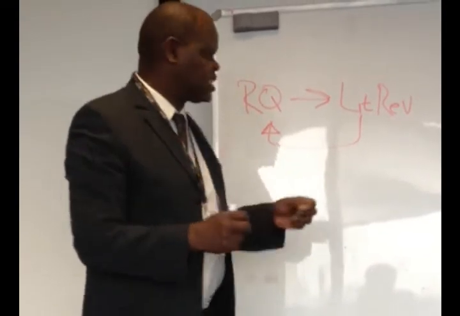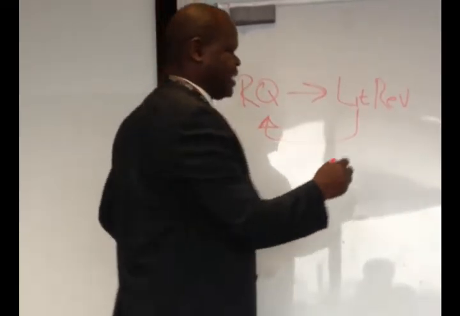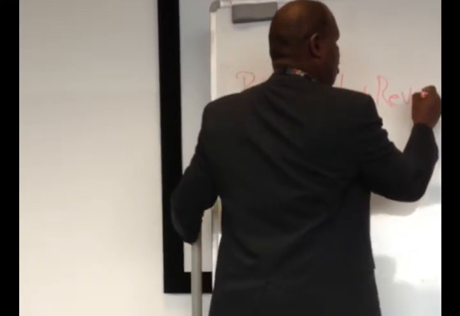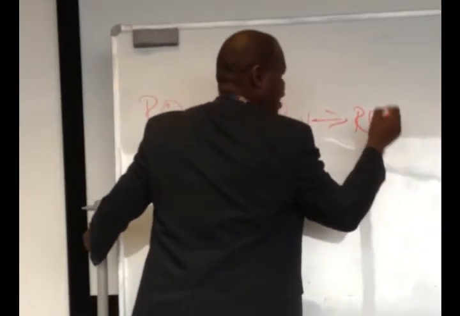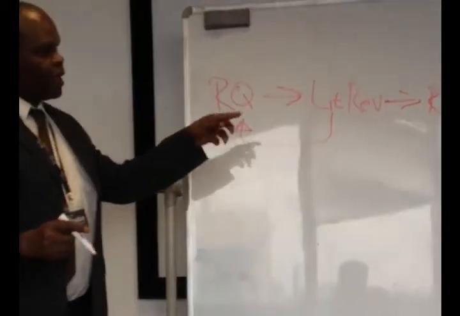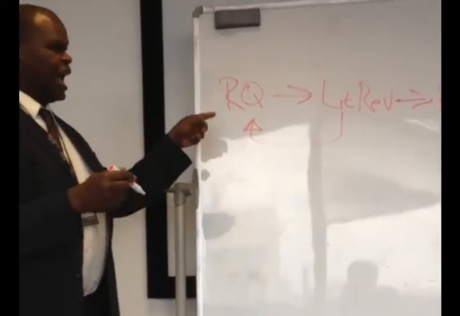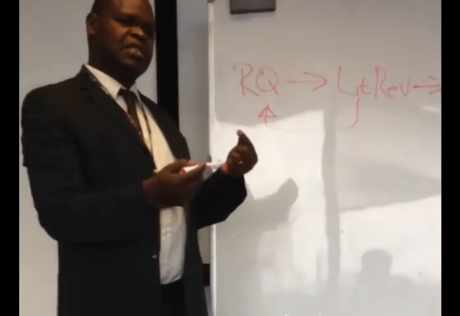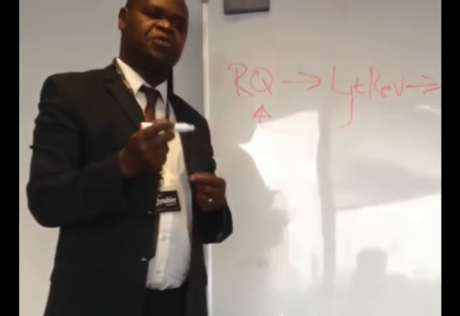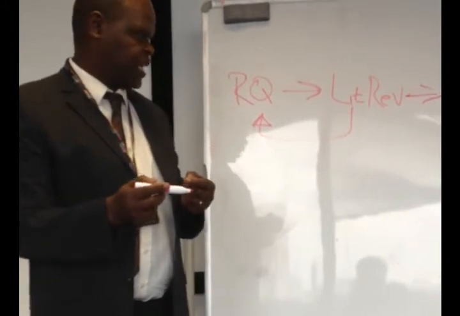You find elements of the research question, and that leads you to research objectives. Yeah? The research objectives come out of the literature. As you read the literature around the research question, you know that in order to answer the research question, you have to address a range of research objectives.